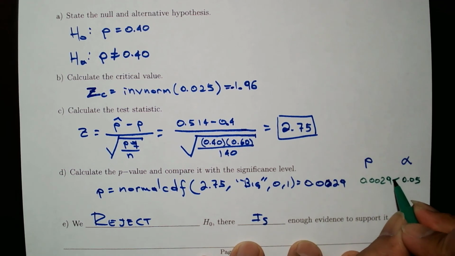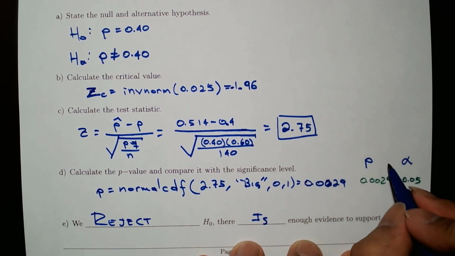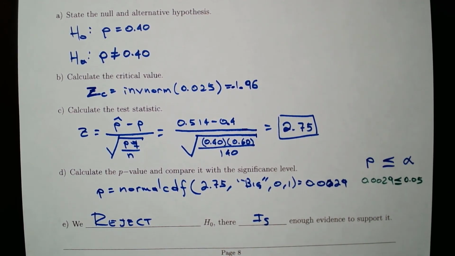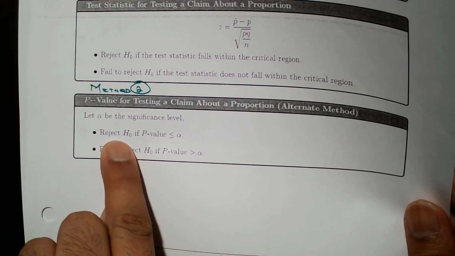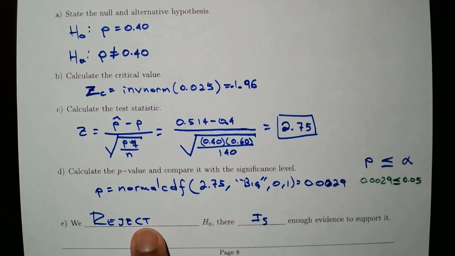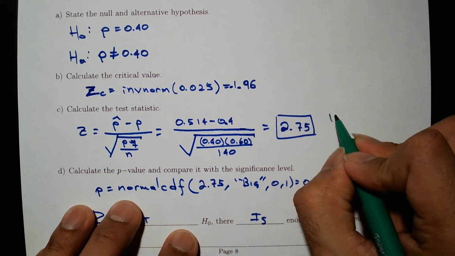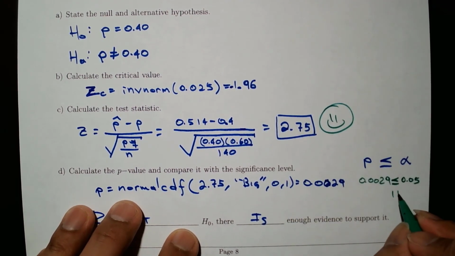Well, clearly this is less than or equal. What do we know about that? Well, less than or equal, reject the null hypothesis, which is actually what we got as our conclusion, didn't we? So we're good here.